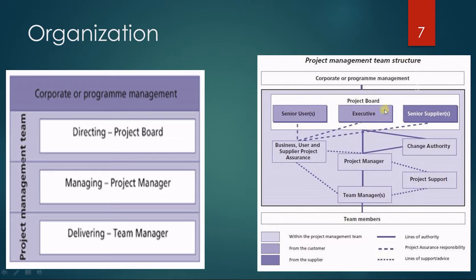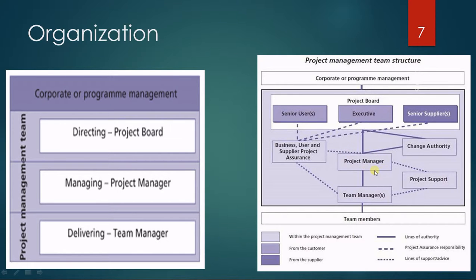And below the project board you have a project manager, and in some organization you also have a change authority that can approve changes. If the project manager is very lucky, you have project support that can help him or her with the administrative stuff.